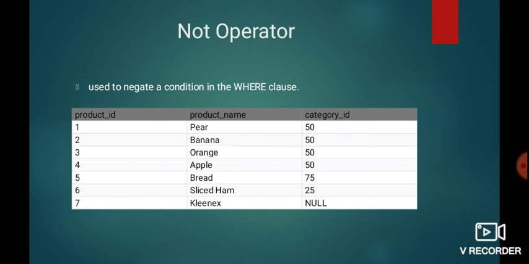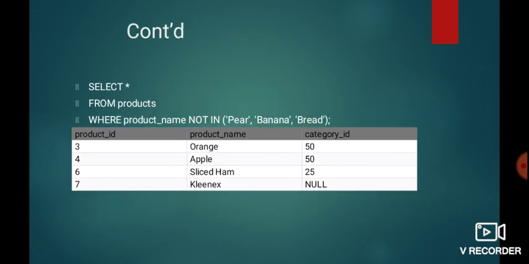Next, the NOT operator is basically used to negate a condition. If you are writing any condition, and the condition is false, then that particular row will come as output. We will see the example. Select star from products where product name not in pear, banana or bread.